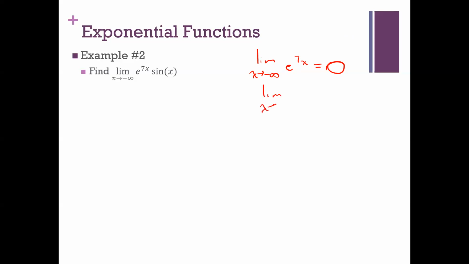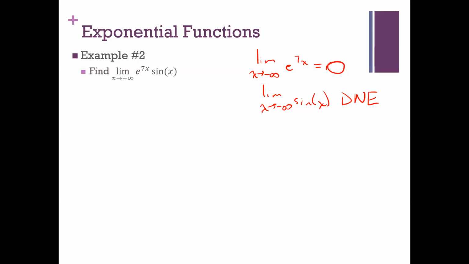The limit as x approaches negative infinity of sine of x. That doesn't exist, right? So we can't use our limit laws the way it is.